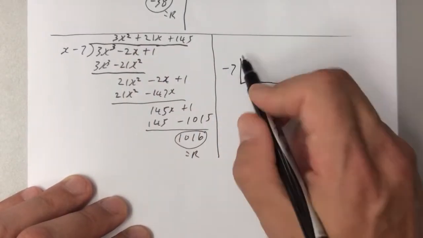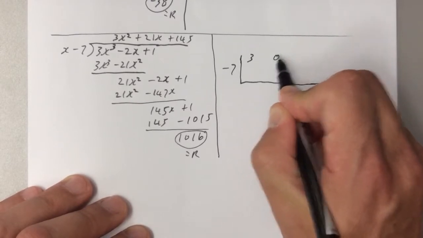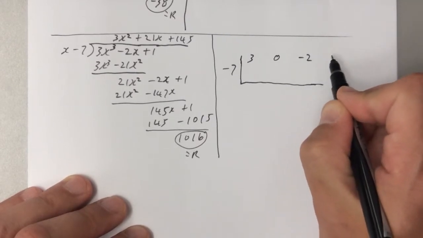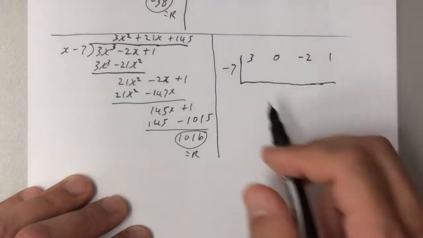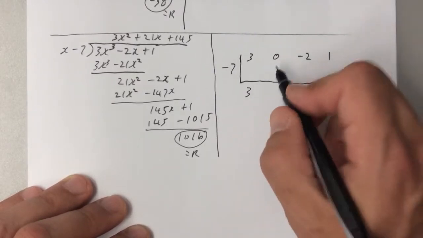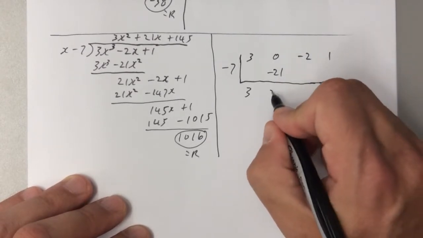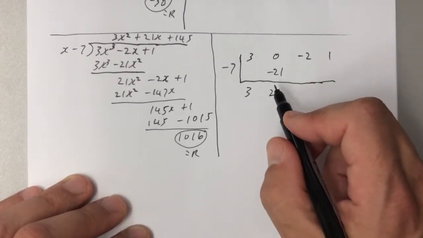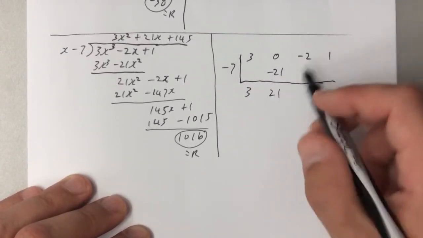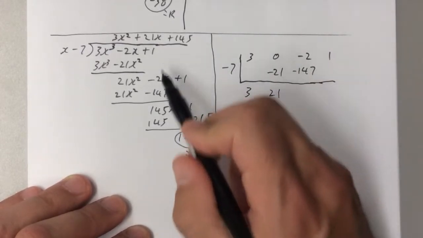outside. And then in the first row I'm going to put a 3, a 0 for the x squared again, a minus 2 for the x, and the constant term. Bring the 3 straight down. Now multiply these. So minus 21. Subtract 0 minus negative 21 is positive 21. Then negative 7 times 21 is negative 147, just like we got here.